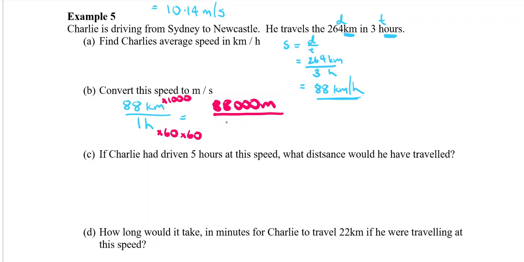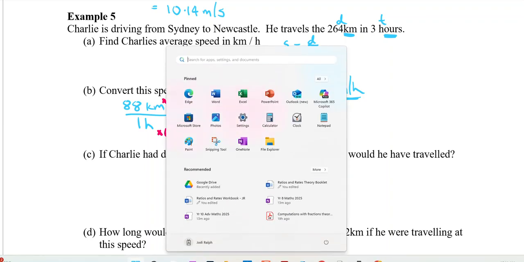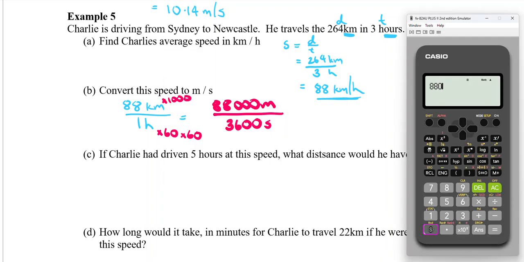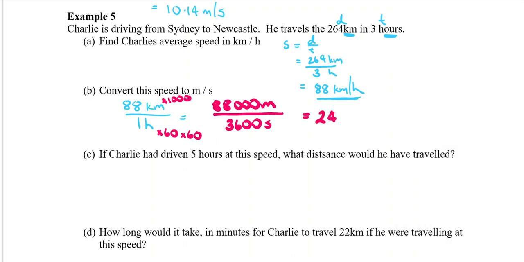You can type that in your calculator, but it's 3,600 seconds. Okay, dividing those numbers, 88,000 over 3,600, we get, turn it to a decimal, 24.4, and that will now be in metres per second.